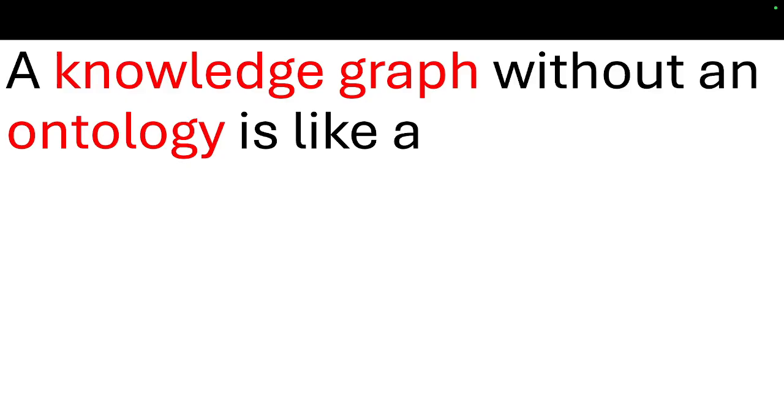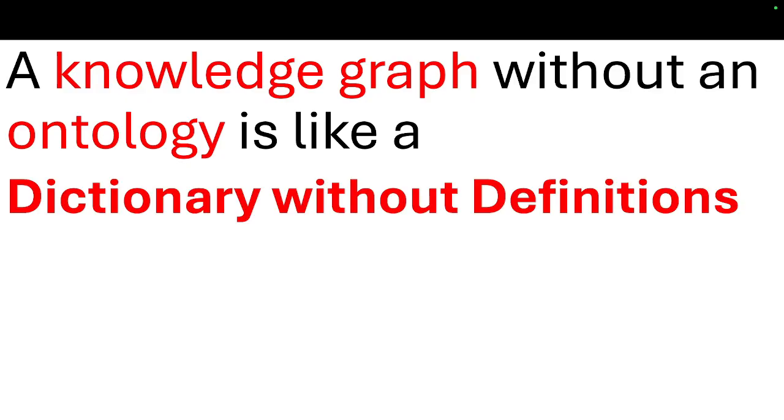Finally, I want to emphasize that a knowledge graph without an ontology is like a dictionary without definitions. Essentially, all of the information is dumb data without the rules, structure, correlation, and constraints that are defined by an ontology framework. Think of it as an example.